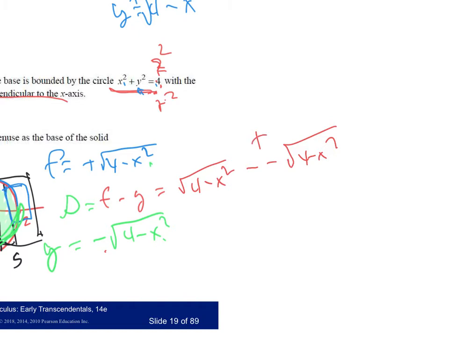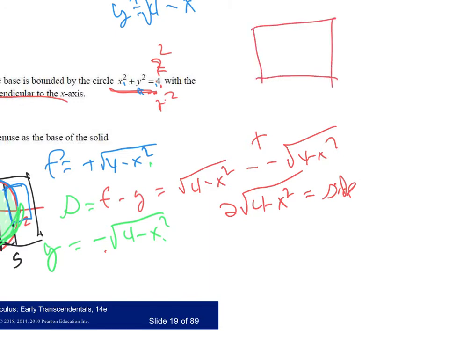That becomes a plus. That turns into 2 times the square root of 4 minus x squared is that side of the square. So here I go. Here's that square. This side is 2 times the square root of 4 minus x squared.